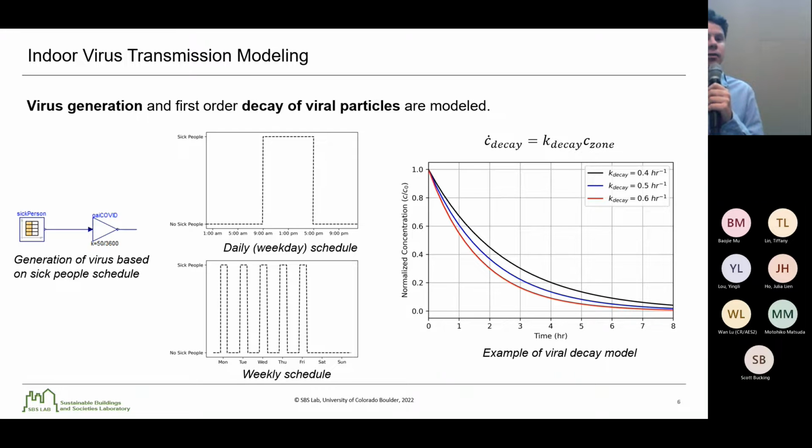In this case, we assume a room with initial concentration C naught, and then no other means to add or remove virus other than our decay. And we can see how the virus concentration decays over time, as well as with different decay constants. And we see that for the highest decay constant, the red line, the virus concentration decays more quickly. It's just a simple demonstration of what this looks like.